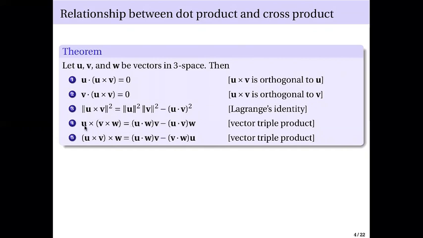Now, the fourth and the fifth identities here, we call the vector triple product.